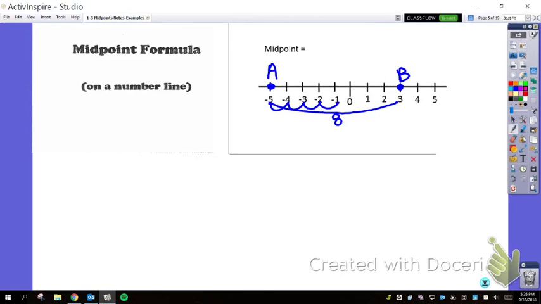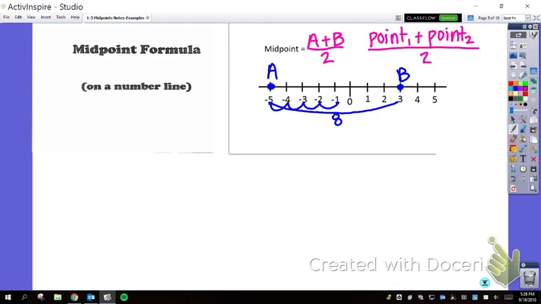And the midpoint formula for a number line we're going to write as A plus B divided by 2. The more generic way is going to be point 1 plus point 2 divided by 2 equals the midpoint.